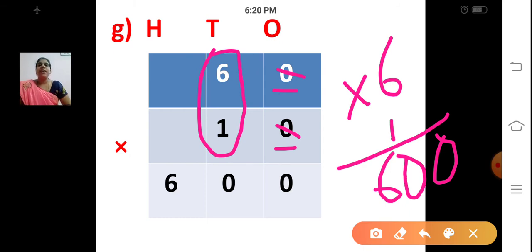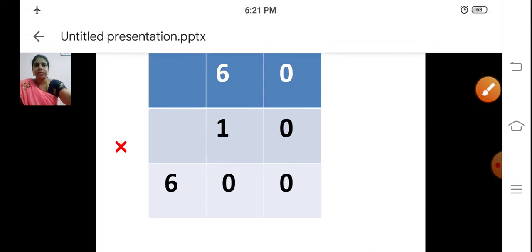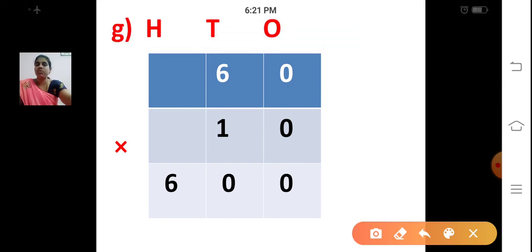It is easy, right? When 0 comes at the last, it's easy to multiply. So what you are going to do? Just ignore that 0. Remaining numbers you multiply and write that answer. Now count how many zeros are there and write those zeros at the end of this answer. I'll repeat it one more time. So the sum is, we are going to multiply 60 into 10. So just ignore these 2 zeros.